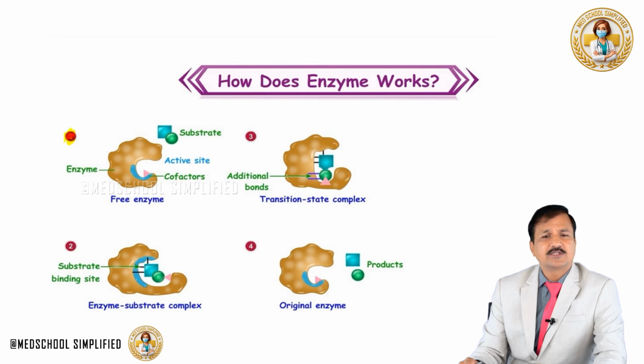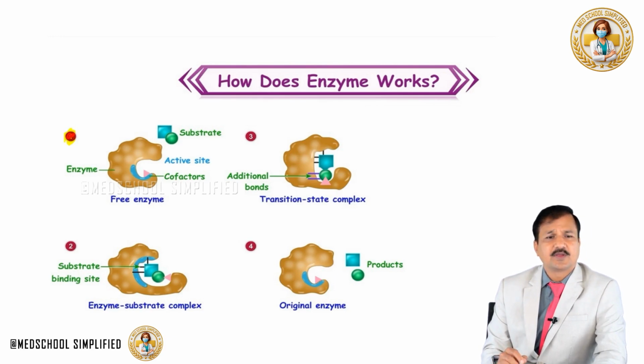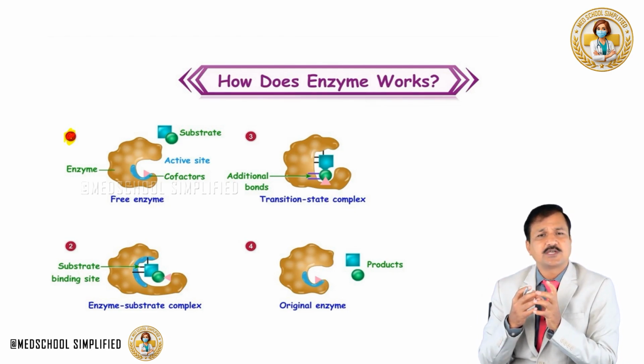When it makes an initial contact with the active site of an enzyme, only a few bonds are made, and the enzyme-substrate complex induces a conformational change in the active site.